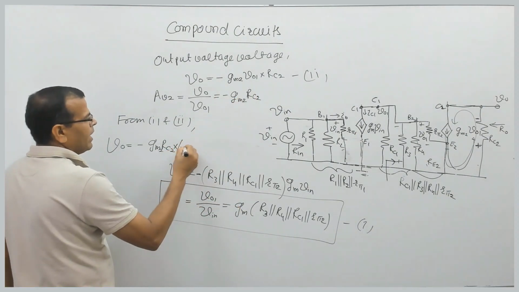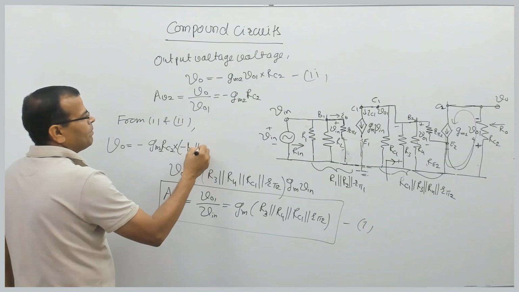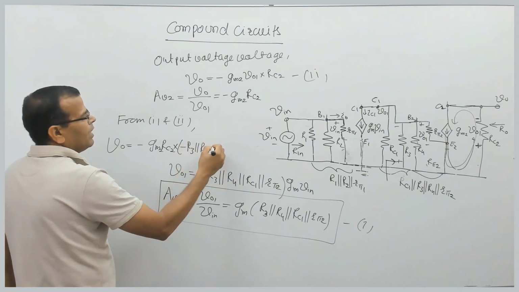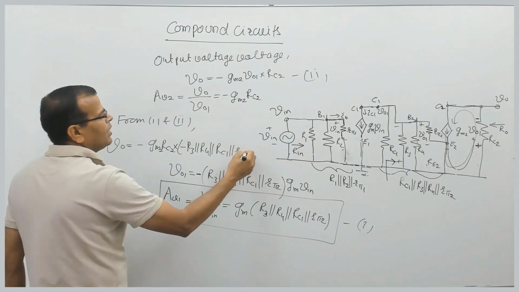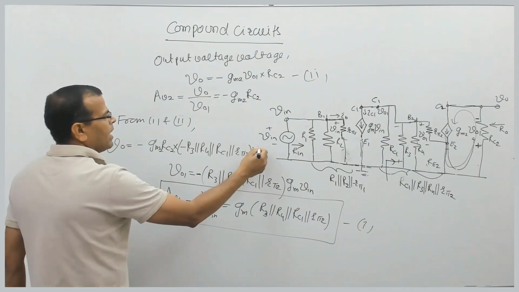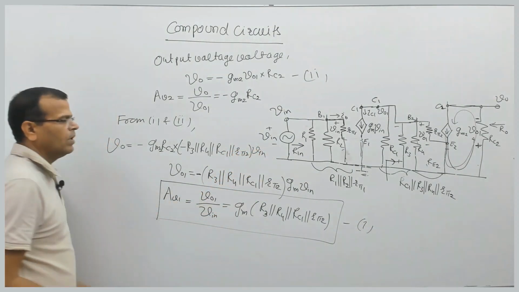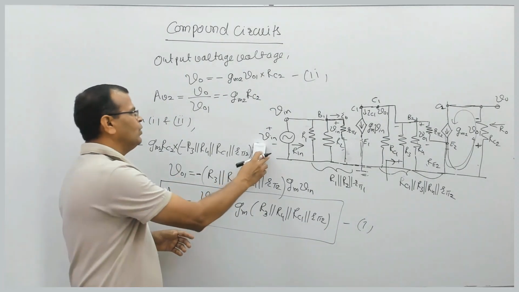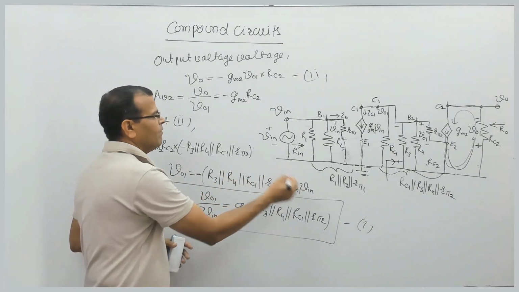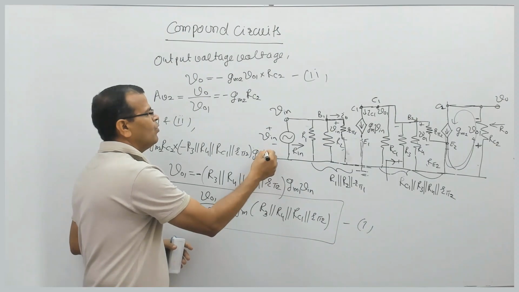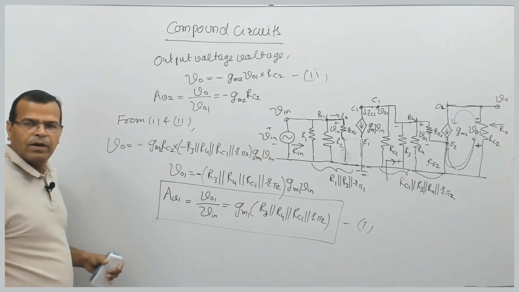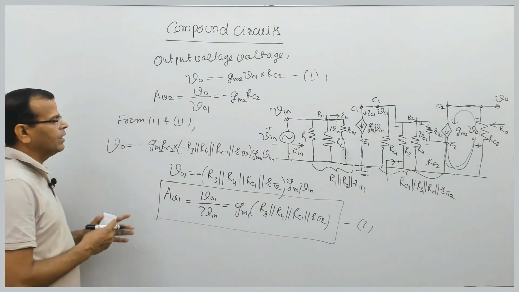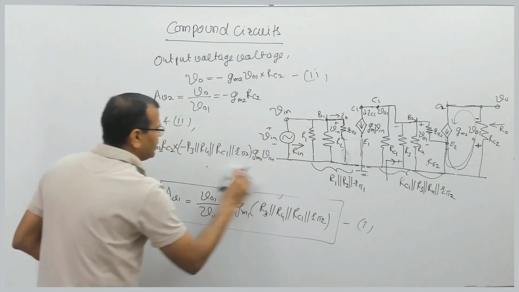So that is minus R3 in parallel with R4 in parallel with RC1 in parallel with R pi 2 multiplied by GM1 into V input. This is GM1, the transconductance of the input stage BJT, right?